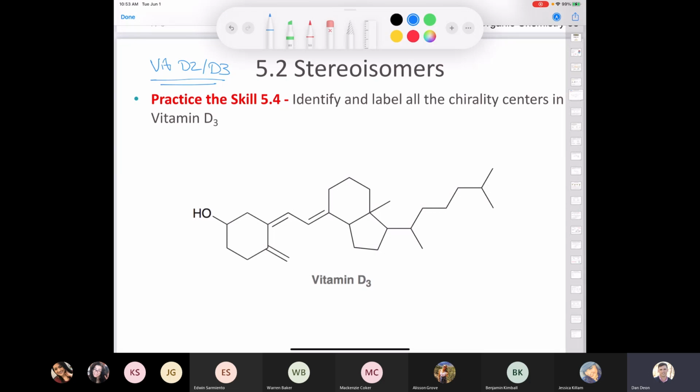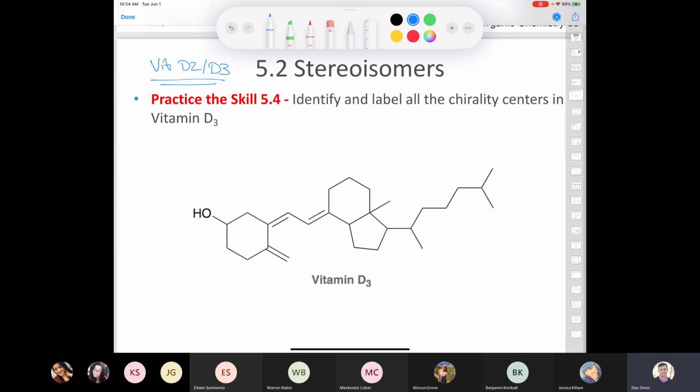But the precursors to vitamin D2 and vitamin D3 are underneath our skin. When we go out in the sunlight, they react in the sunlight and get transformed into vitamin D2 and vitamin D3. So we actually don't ingest vitamin D2 and vitamin D3. We ingest the precursors and then the light causes the transformation. Anyhow, a little interesting chemistry for you there.